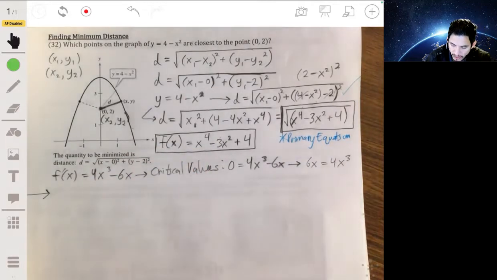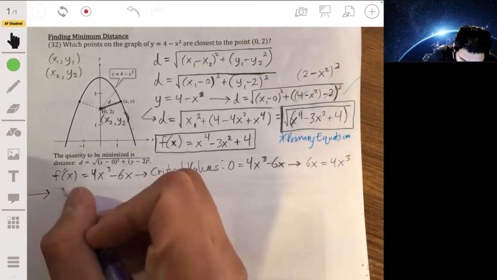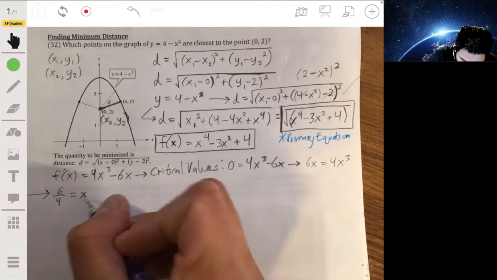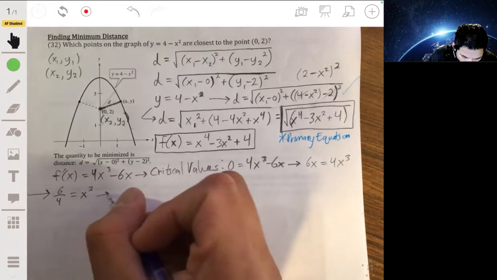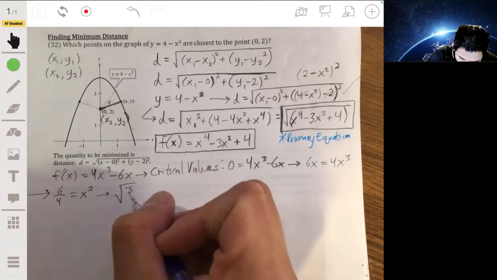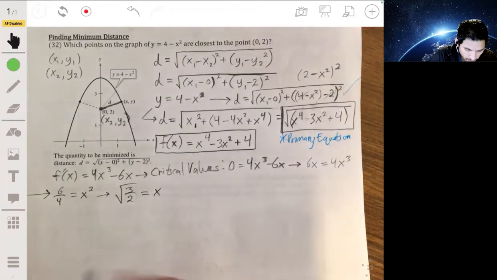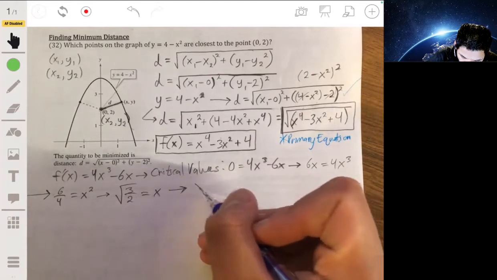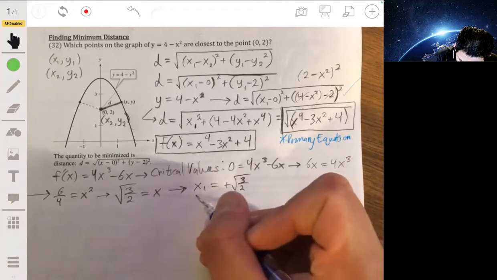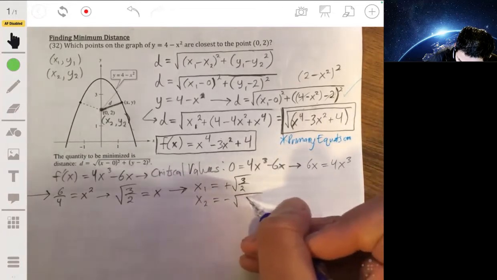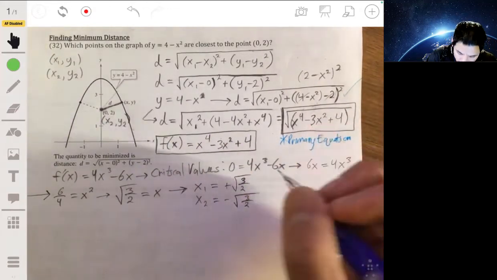We'll divide by x, divided by 4. So we'll get 6/4 equals x squared, or 3/2 equals x squared. So then the square root of 3/2 will be x. So our critical values would be the positive square root of 3/2 and the negative square root of 3/2. We got our two critical values here.